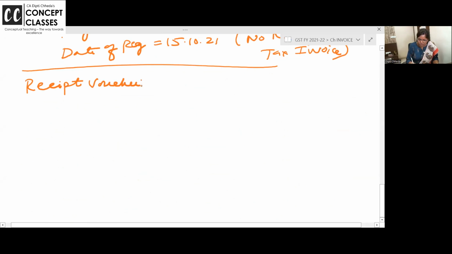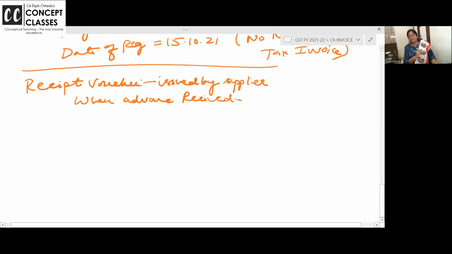Receipt voucher, issued by supplier when advance is received.